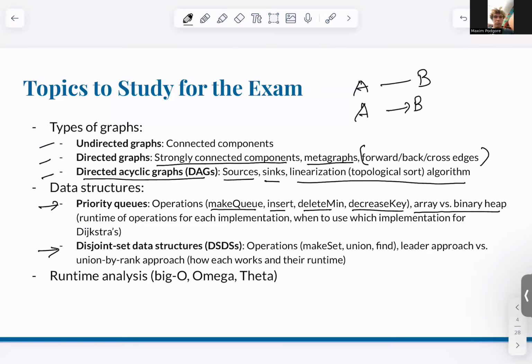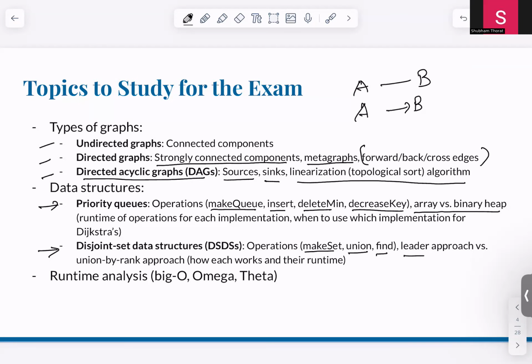And the disjoint set data structure is basically what we use in Kruskal's to optimize our runtime. Make sure you understand how make set is formed, how union is done, like in union, how you are doing a union of two different trees. How are you finding the root node of any given vertex, and what is the runtime of that?